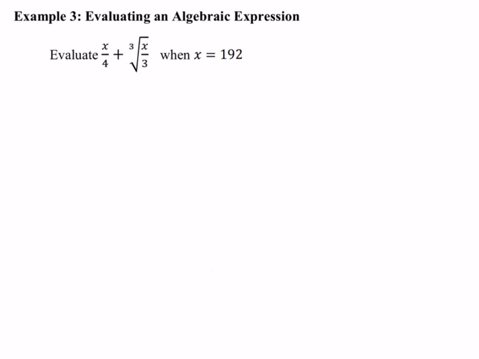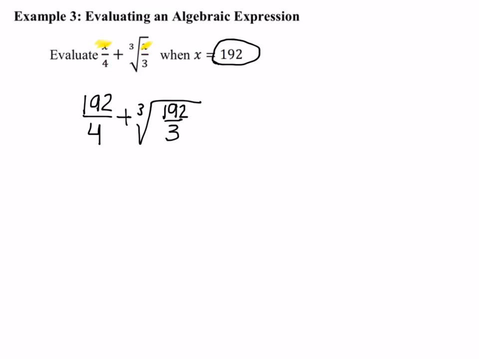All right, our last example for today, evaluating an algebraic expression. So what you want to do when you have something like this and it says when x equals, you are literally going to take that value in and plug it in wherever you see an x. So I see 2 of those right here. So I have 192 divided by 4 plus the cubed root of 192 divided by 3.